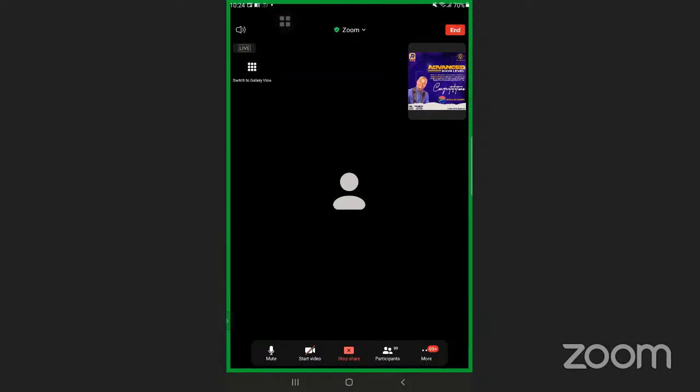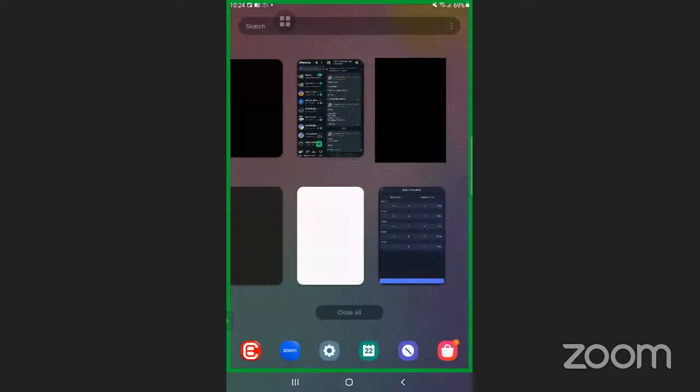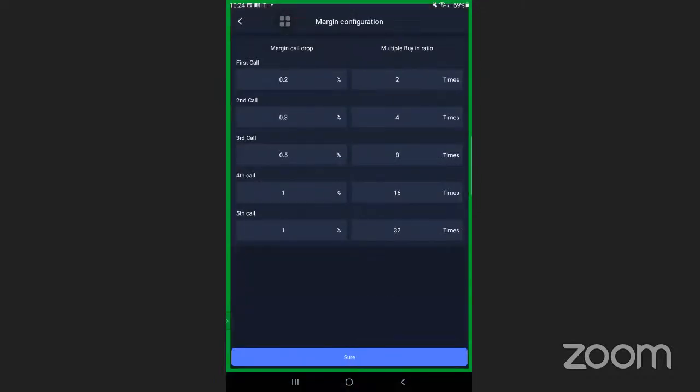If the price is not falling and your margin call drop is higher, the robot might not buy. If the price is falling but it's not buying, it's either your buy-in callback. So come and check those two. They will help you adjust properly how your robot buys.